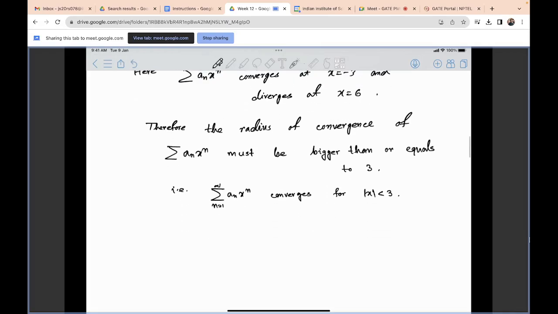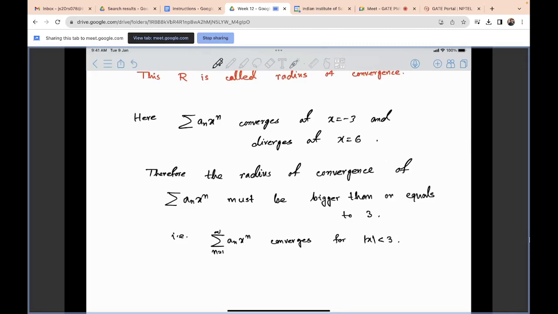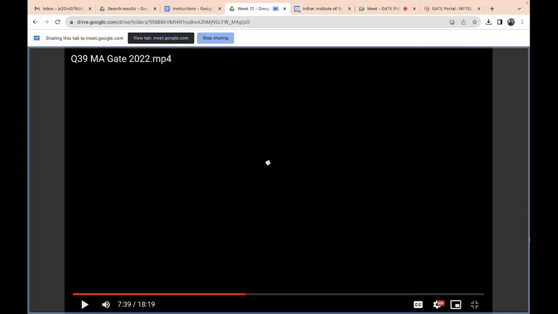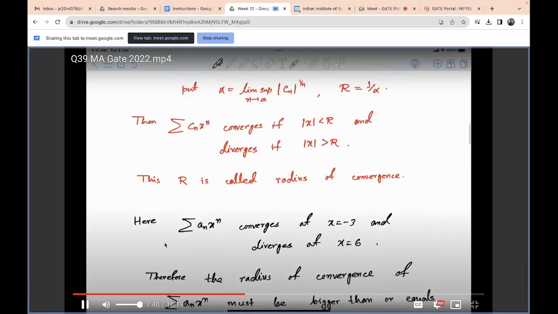So this we can say, at the point 3 we may not have convergence, because at the point 3 it may not be converged, but inside 3 it will certainly converge. Because of this.